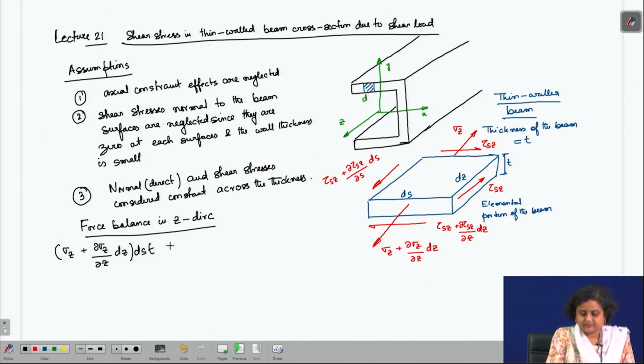minus, we have sigma z from the opposite direction, which will be again ds into t.